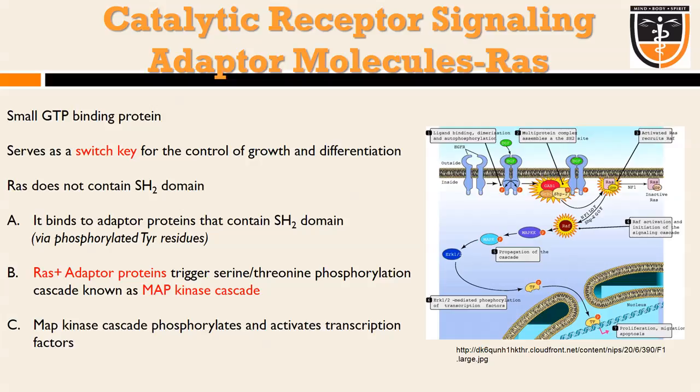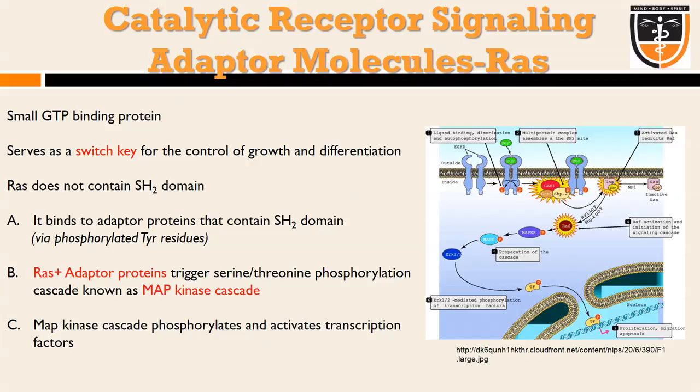So RAS binds to adapter proteins that contain an SH2 domain and attach to the phosphorylated tyrosine residues. Now RAS and adapter proteins will trigger, as we talked about, a series of serine-threonine phosphorylations known as the MAP kinase pathway. You remember? They will activate MAP kinase kinase kinase, MAP kinase kinase, MAP kinase, and all the way to the cell. So this is important to mention.